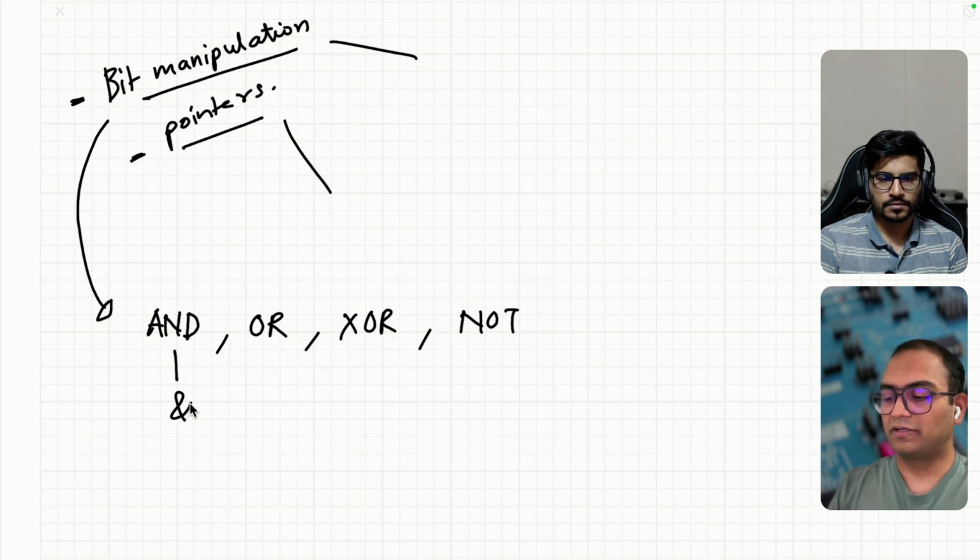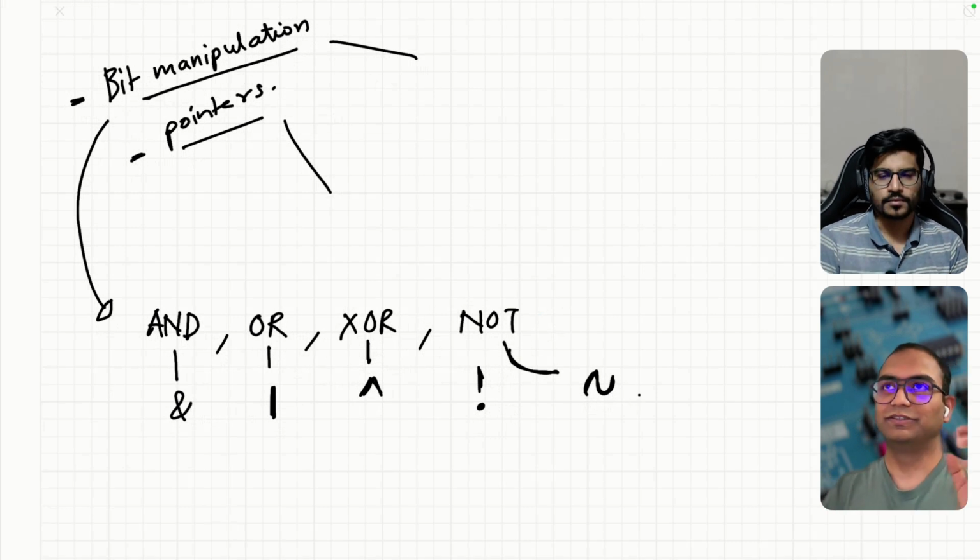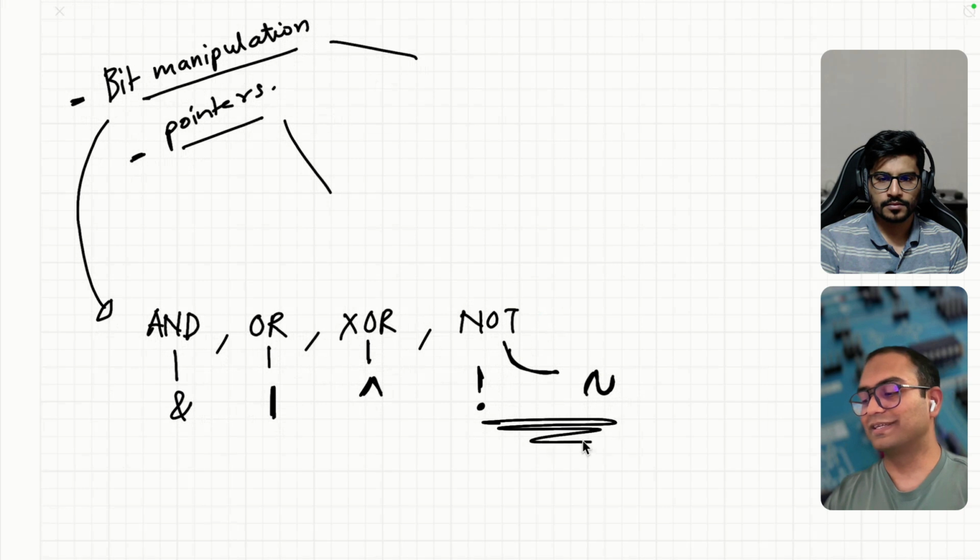And then the symbols are the ampersand for AND, the vertical line for OR, the caret symbol for XOR, the exclamation mark for NOT or inversion, and the tilde if you want to perform the inversion on all the bits of a byte. We'll come back to this in a bit.